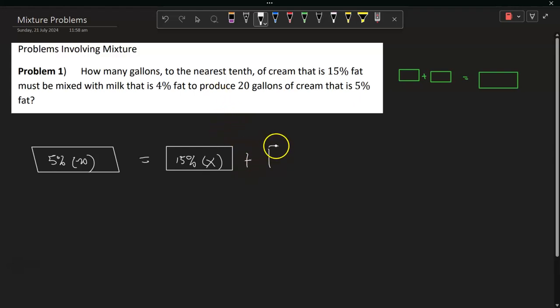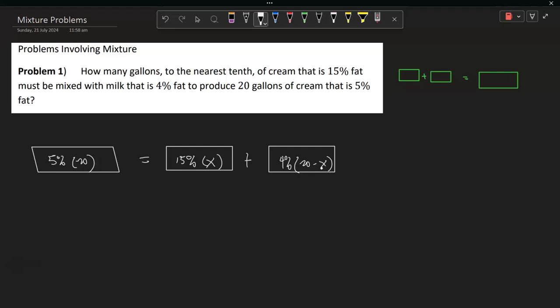Plus, another part will be 4% of, look at this: what is our total volume of the solution? It is 20 gallons, right? So if this is X, the remaining part will be 20 minus X. So basically, this will be our setup to solve this problem.